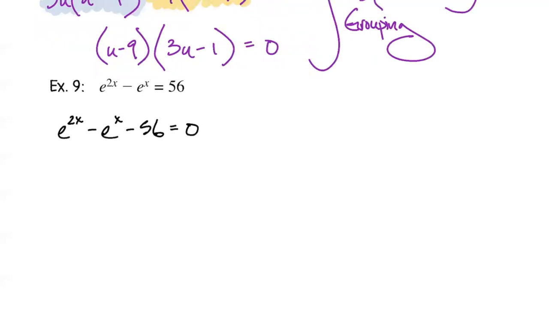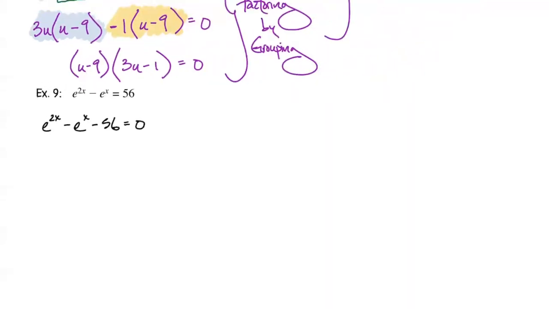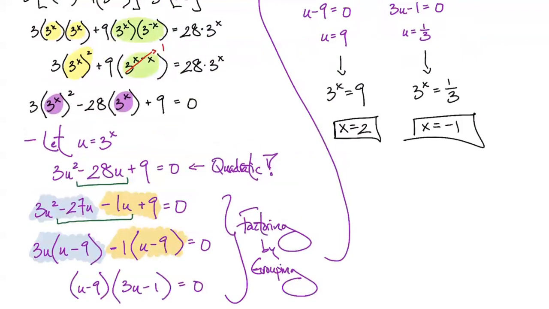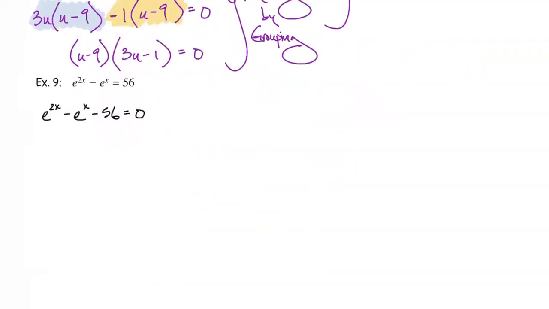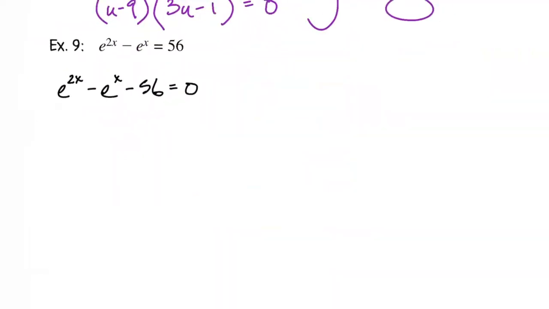I don't see a quadratic situation yet, in the sense that over here, I saw 3 to the x squared and 3 to the x. But it turns out that one of our exponential properties, and again, you'll have a chance to review this in your Desmos activity for today, says if you have e to the 2x, that's really the same thing as e to the x, squared.